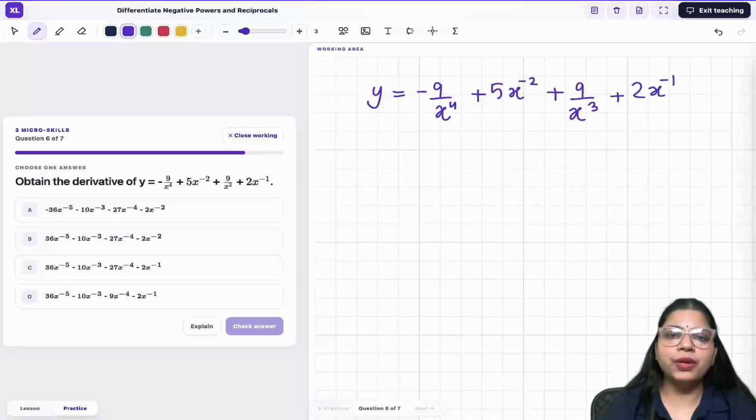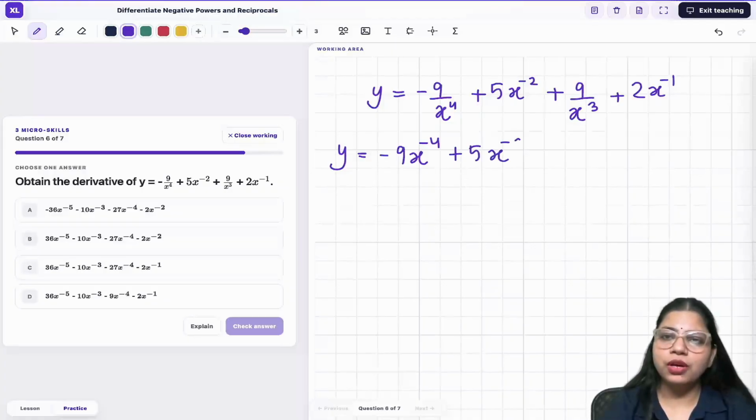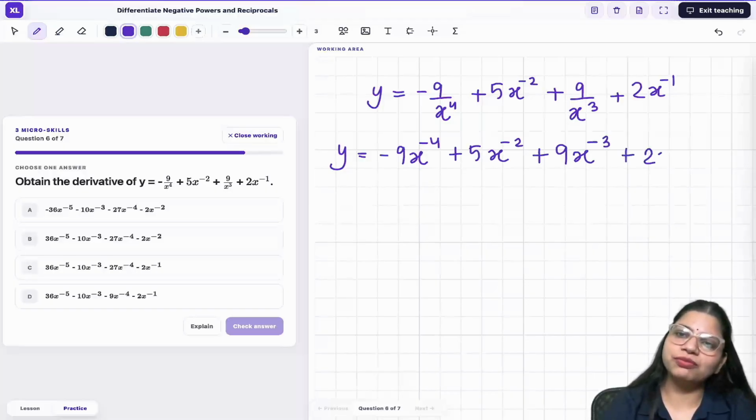Okay, let's rewrite. So it will be minus 9x to the power of minus 4 plus 5x to the power of minus 2 plus 9x to the power of minus 3 plus 2x to the power of minus 1.